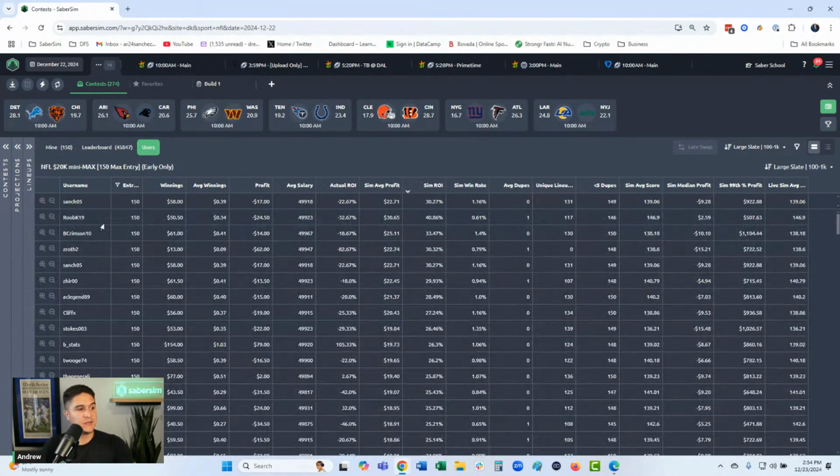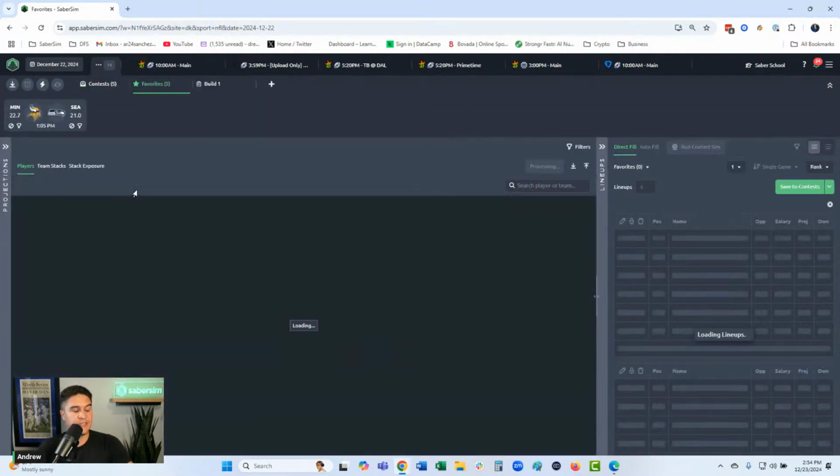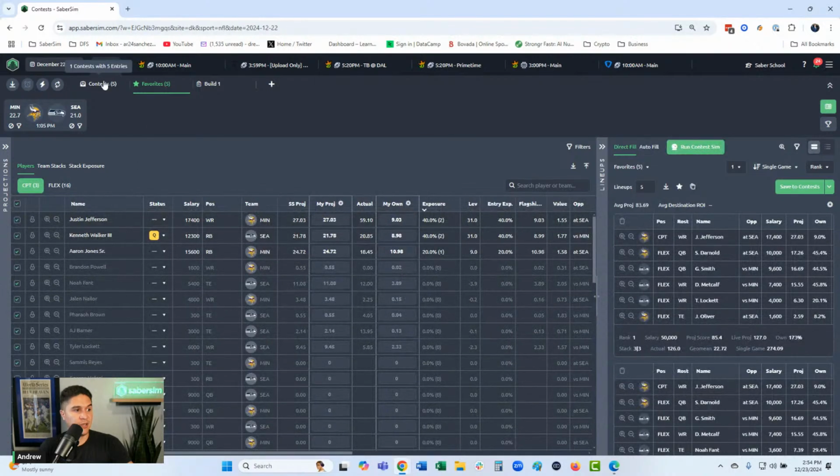Okay, this one's cool, right? 1, 2, 3, fourth on the list here. Zero average dupes, strong sim average score. Happy with this, right? This looks good. Cool. And in this contest, I had the most entries out of any other contest I played on the slate. So all good.